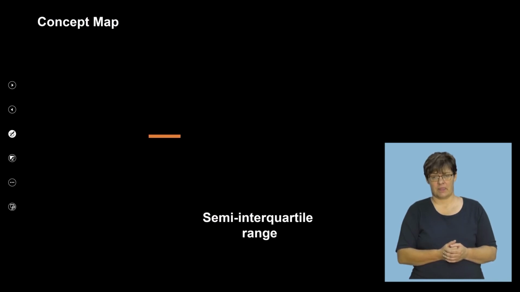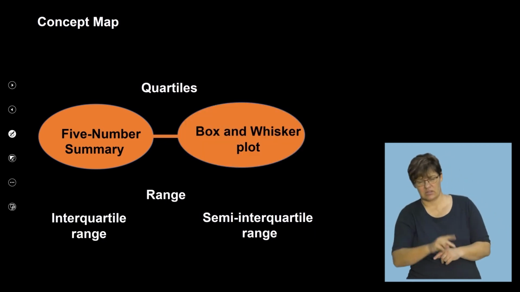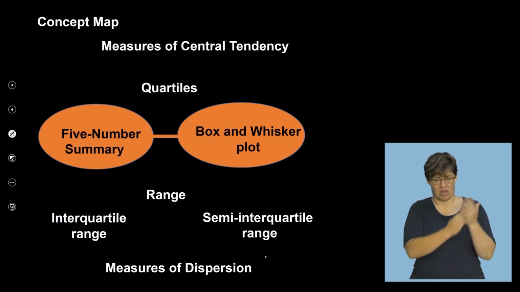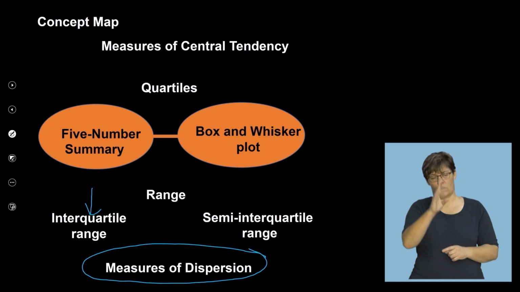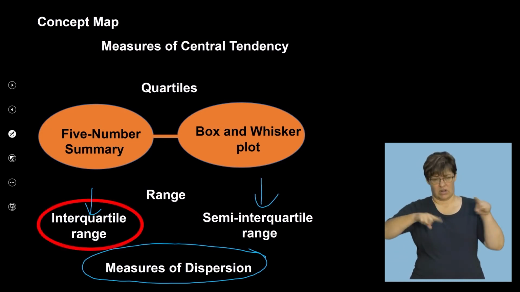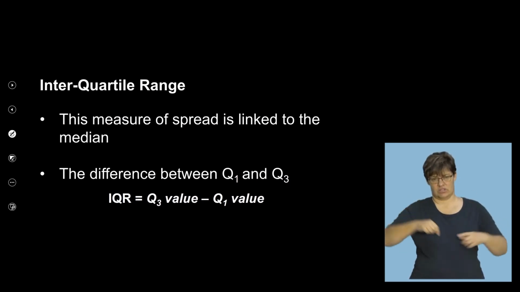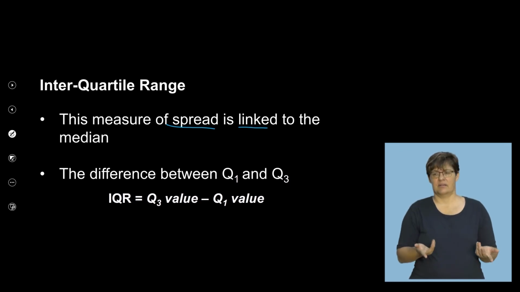So now we looked at quartiles, we looked at range, and the whisker plot, which was part of the measures of dispersion, which are the range, the interquartile range, and the semi-interquartile range. So let's look at the semi-interquartile range. This measure of spread is like the median.